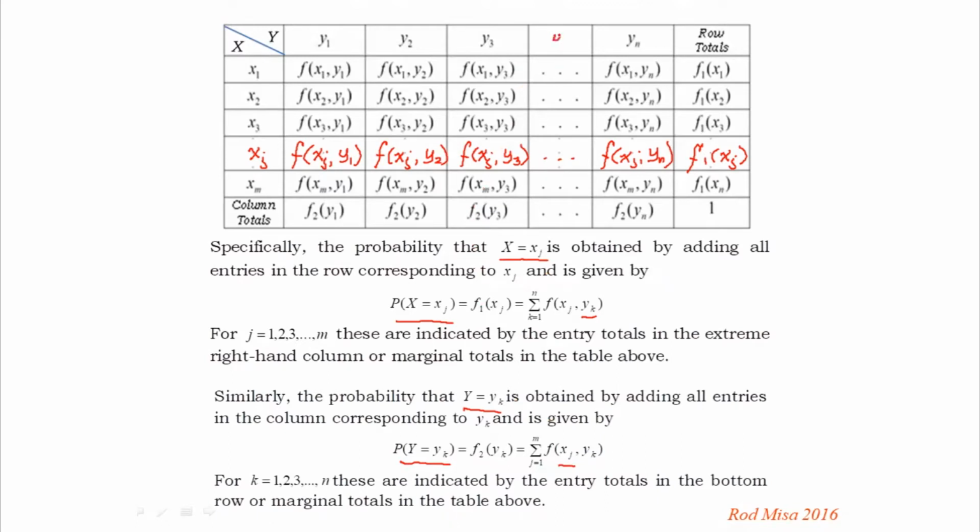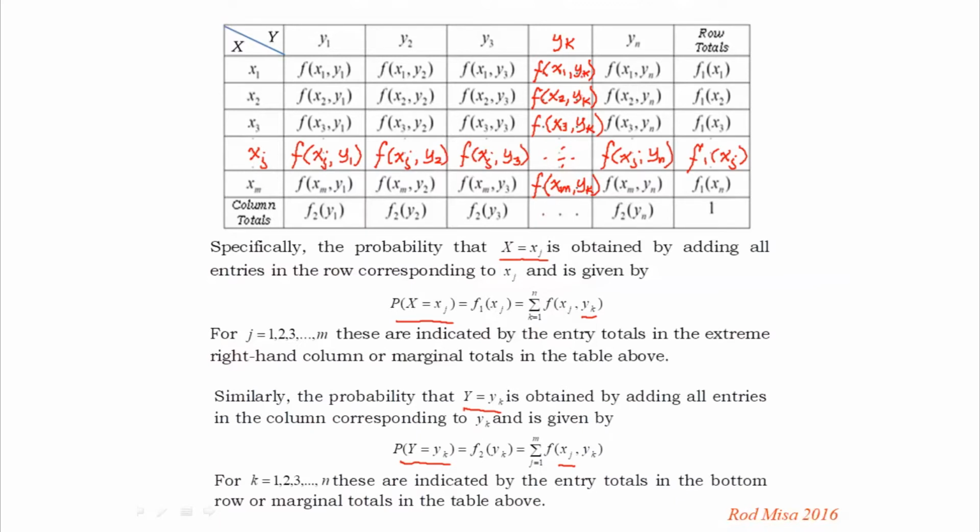Suppose this is our y sub k. So at this cell, this is the probability of x sub 1 and y sub k. Also, this is the probability of x sub 2 and y sub k. And the next is the probability of x sub 3 and y sub k, and so on and so forth until you reach this cell, which is the probability of x sub m where y is y sub k.